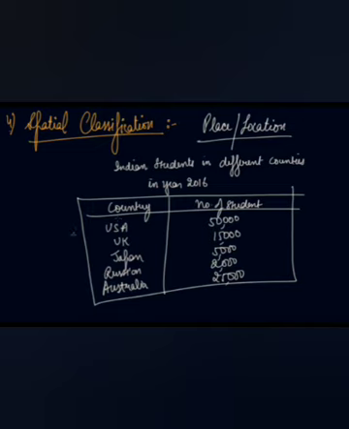So in this way, what you have done, your variable of classification is your location, your area. So this is known as your spatial classification of data and tabular presentation.